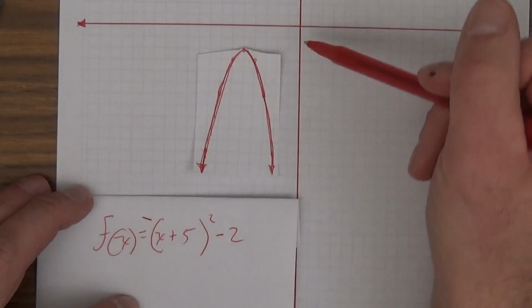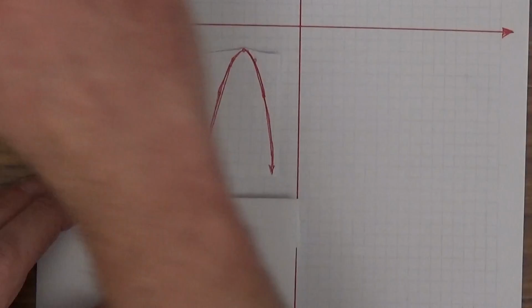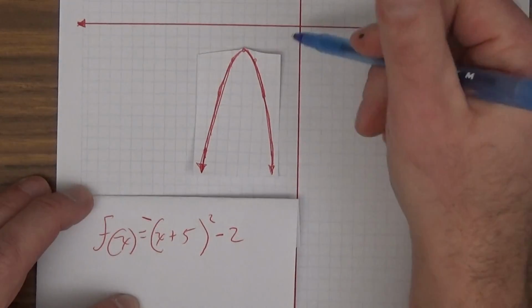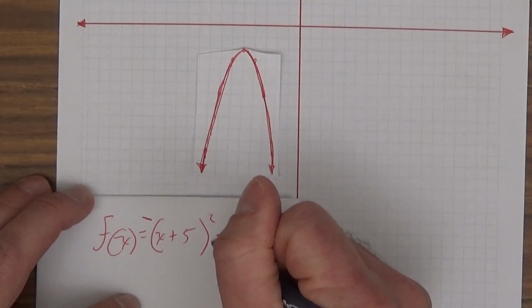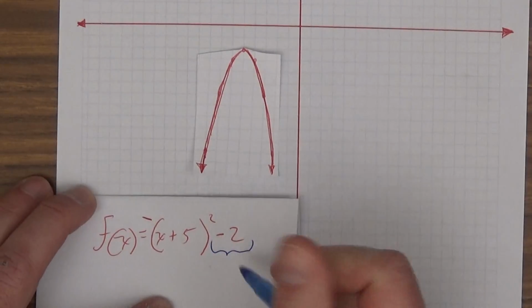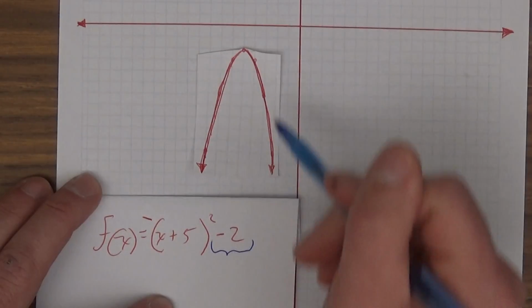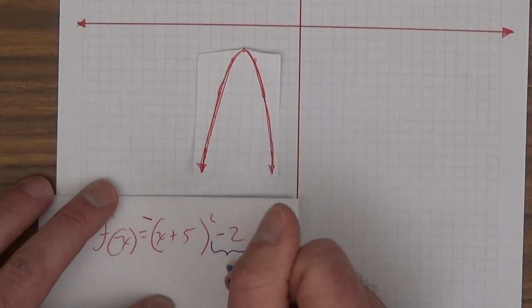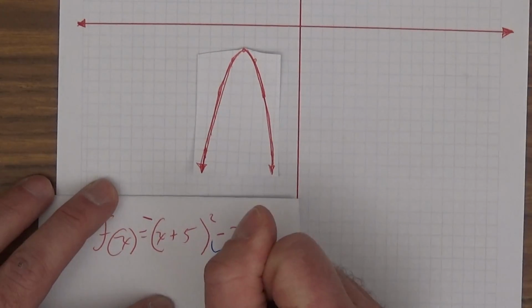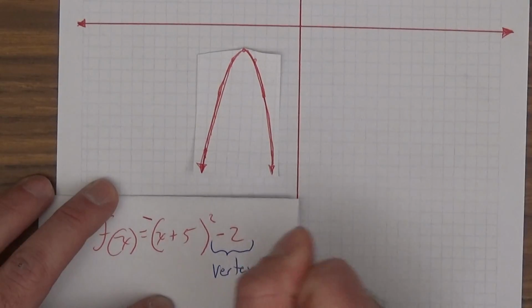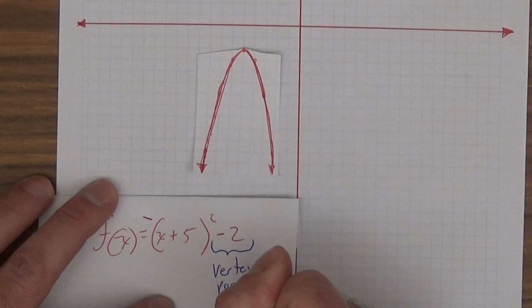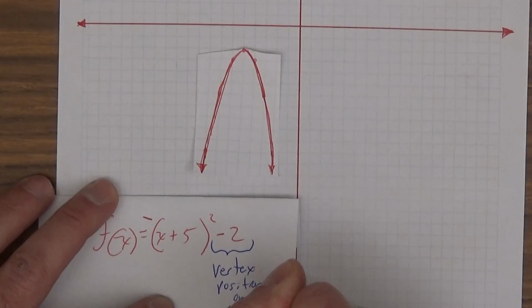The vertex on the y-axis is shifted down. This shifts it down, doesn't it? Shifts it down 2 places. So this is the vertex position on the y-axis.